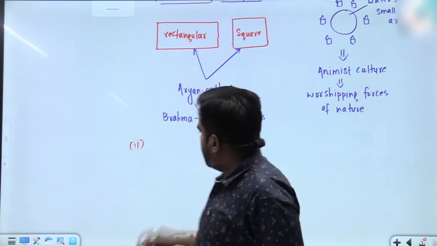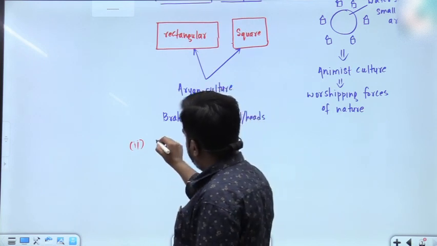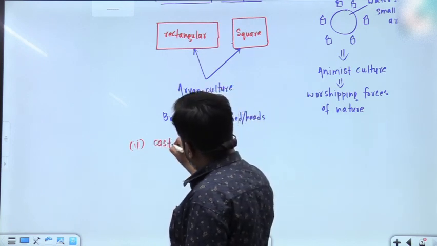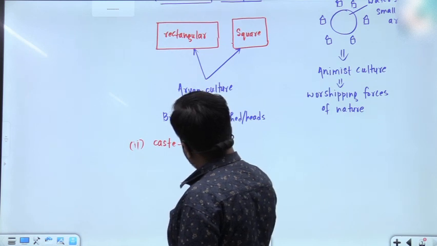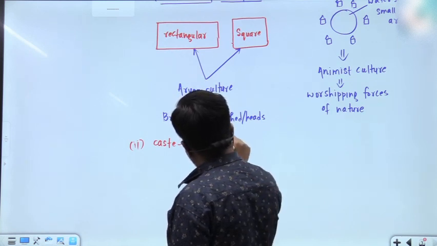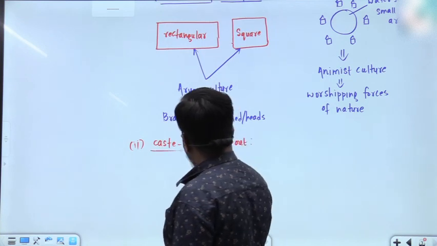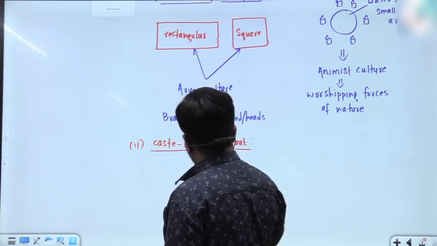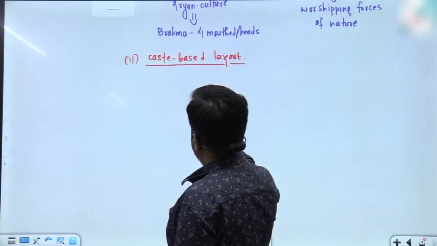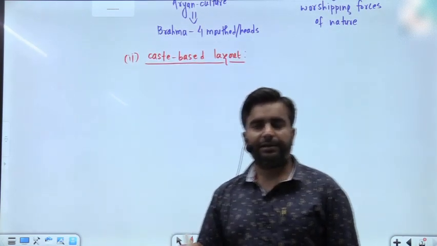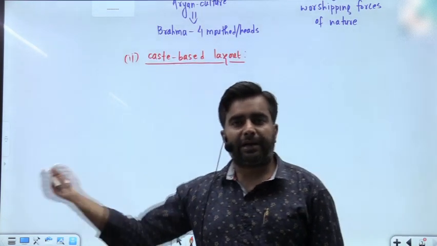Now the other thing which is very much dominant, the caste based layout. This is also part of culture. The caste segregation is part of the cultural practice only.